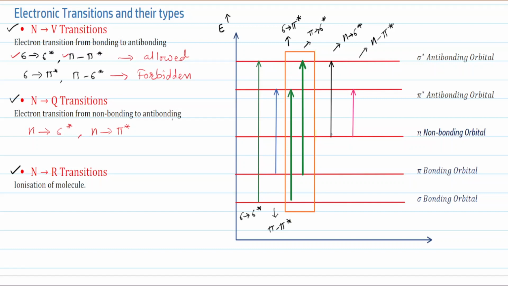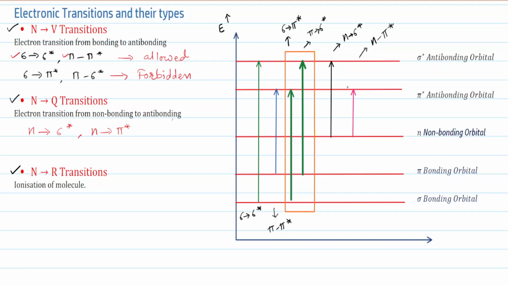And lastly, n to sigma star and n to pi star are allowed transitions. So the six transitions occur in a compound when it interacts with ultraviolet and visible radiation, out of which two are forbidden and four are allowed.